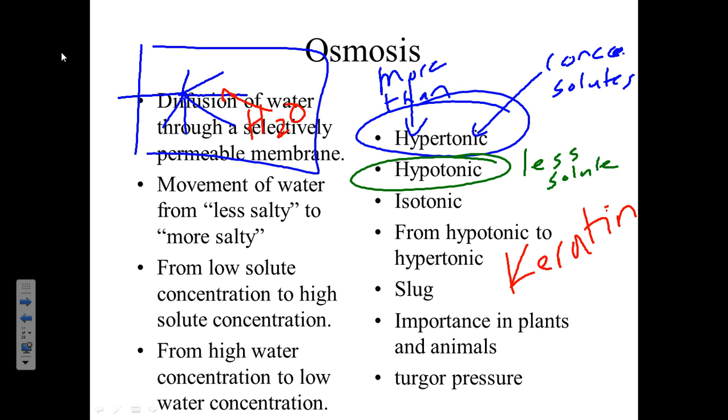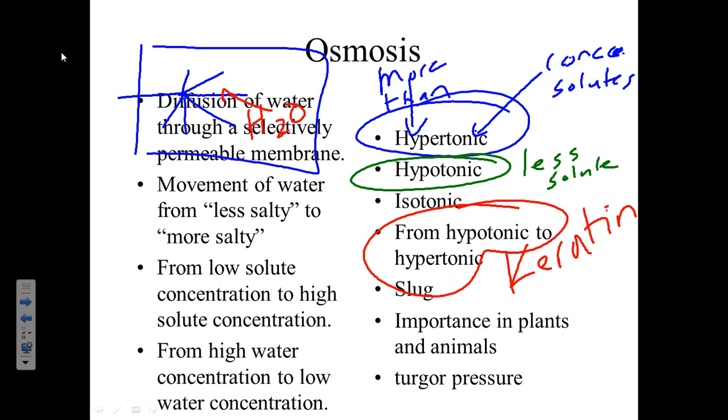And let's throw another definition at it too. Another way to define osmosis is what I just circled: water moves from hypotonic solutions to hypertonic solutions. That's saying the same thing, right? What do we say hypo means? Less, in this case less what?